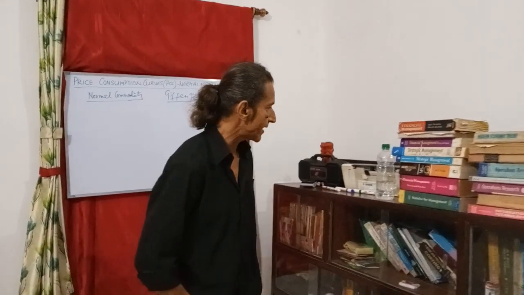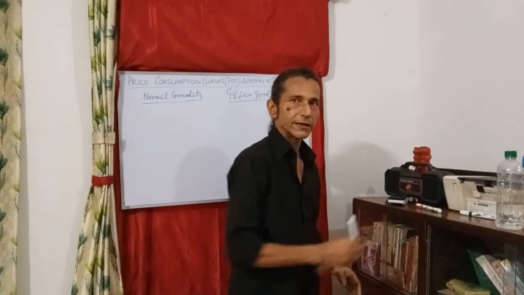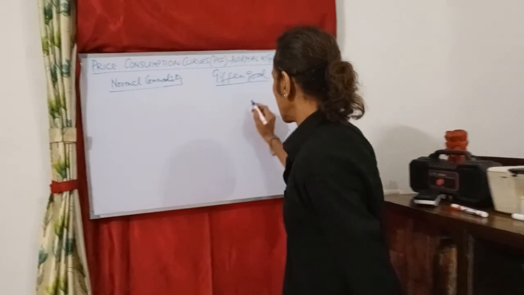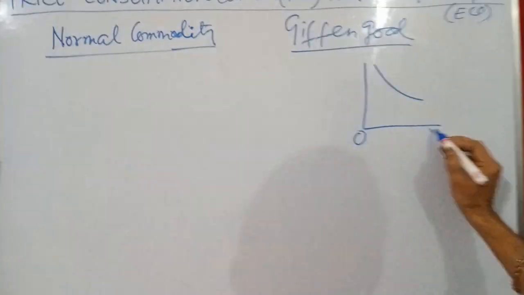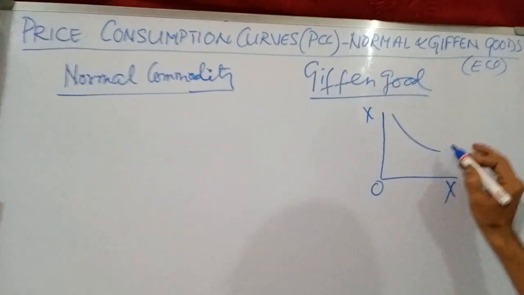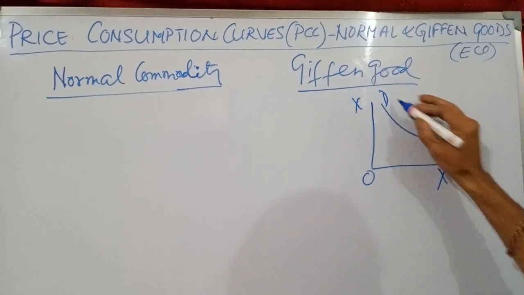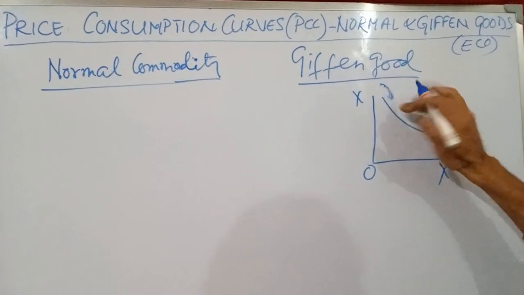That is the reason we get a downward sloping demand curve. A downward sloping demand curve shows inverse relationship between price of a commodity and quantity demanded for that commodity.